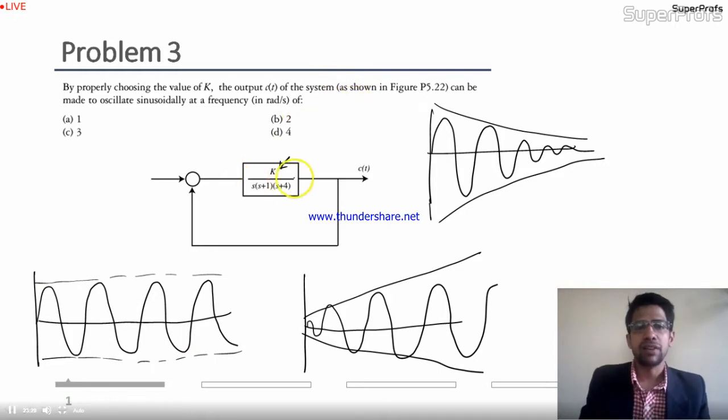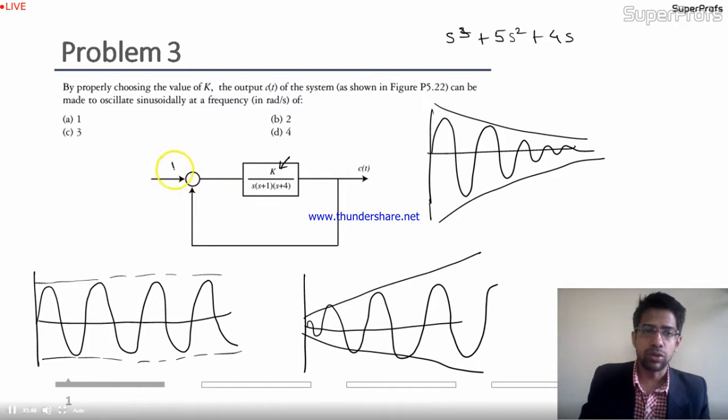So basically, if you change the value of K, the system stability will change, because as you can see, the characteristic equation is S cube plus 5S square plus 4S, and when you make the closed loop system, you get the characteristic equation plus K. Now, when you change the value of K, the roots of this equation are going to change, and you will find different roots on the negative side of the S-plane, on the positive side, and on the origin, and according to these roots, you are going to get different responses.